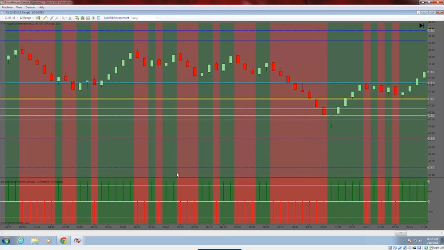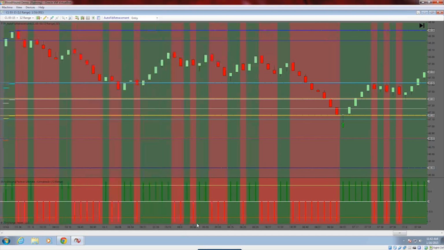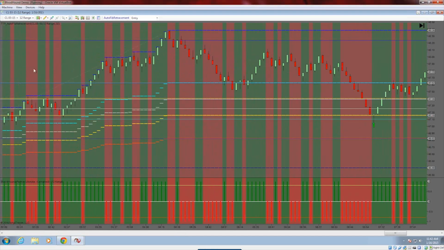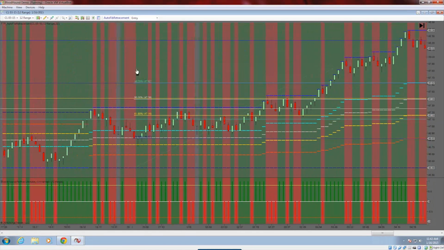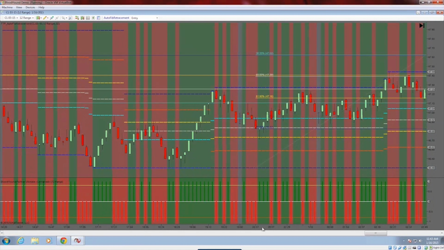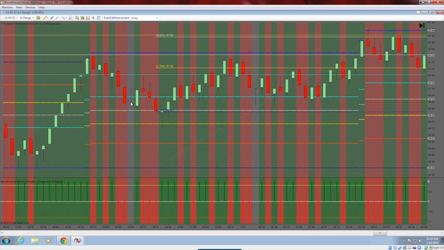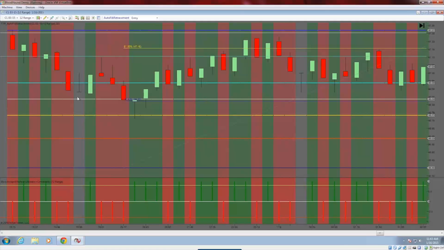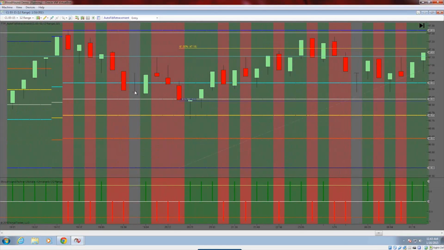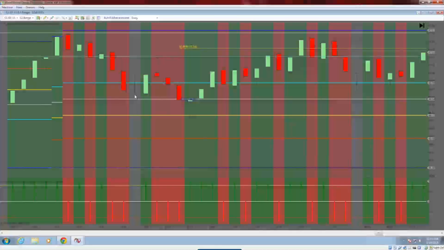I'm getting a short when the bars are red. But what's going to happen is if there's ever a bar on which we have a doji, we have the open and the close at the same price. You see this bar? We're not going to get direction out of that bar because there is no direction, because the close is equal to the open.